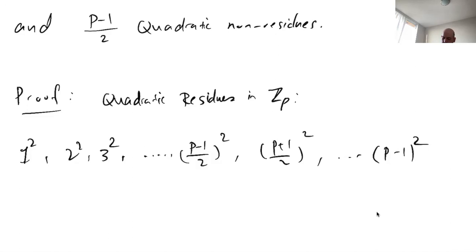But the first thing I want you to notice is that ((p plus 1)/2) squared is the same as ((p minus 1)/2) squared, mod p. Why?